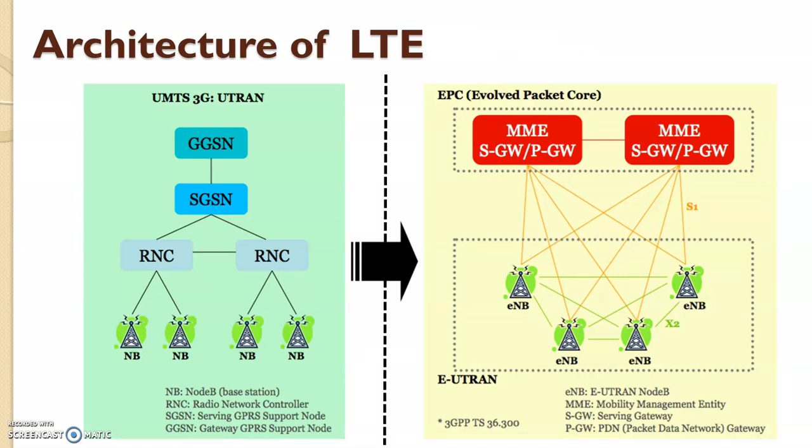The internal architecture of the user equipment for LTE is identical to the one used by UMTS and GSM, which is actually called mobile equipment. The mobile equipment comprises three modules. Mobile termination, that is MT, handles all communication functions. Terminal equipment, that is TE, terminates the data streams.